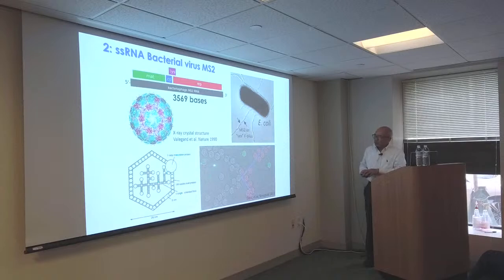This phage actually has a unique lifestyle because they hijack the bacterial conjugation process. Basically, they attach to the pili of bacteria, E. coli, and you can see this attachment in these tomography images of the phage attached to the pili.